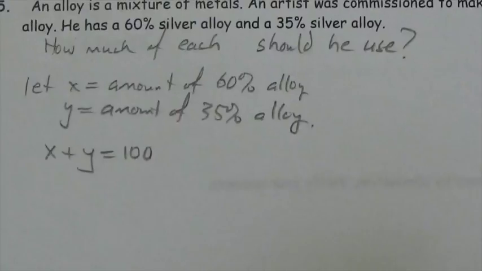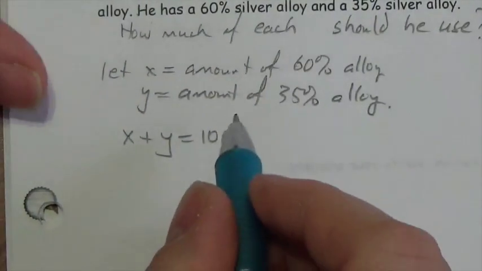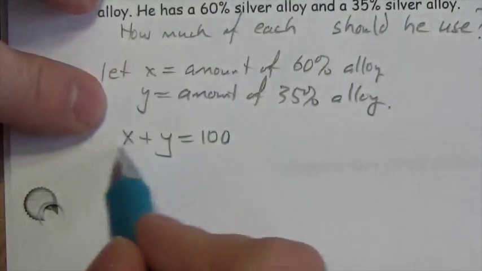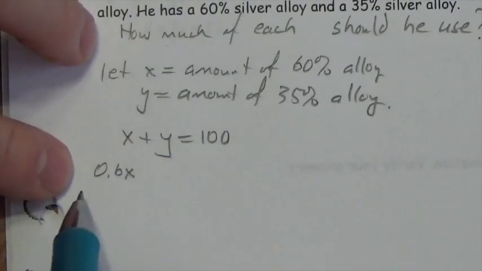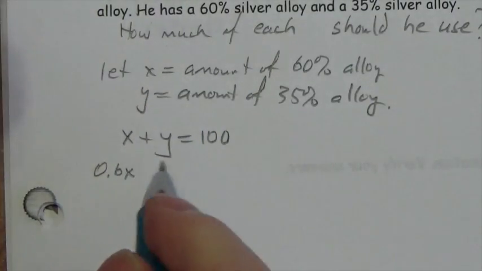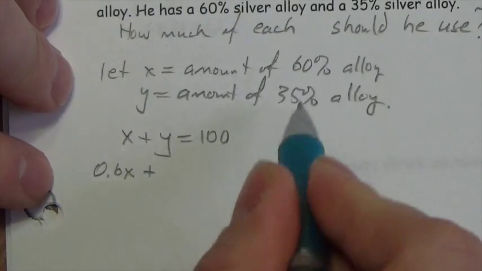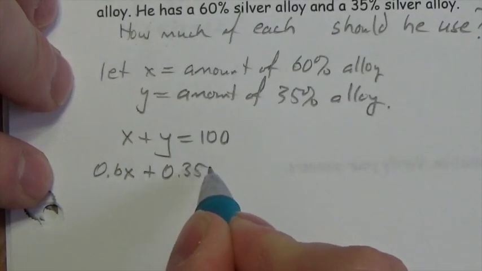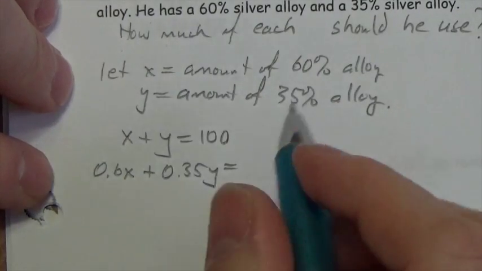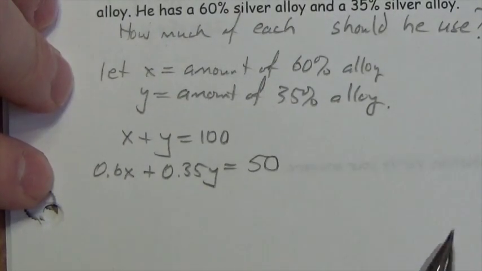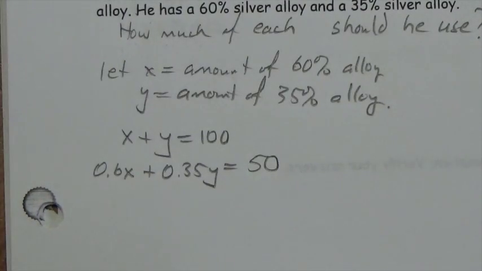How much silver are we getting from that first one? We're going to get 0.6x, 60% of however much of that first one we plug in. The next one is 0.35y, the amount of silver from the second one. Altogether, that should equal 50 grams of silver.